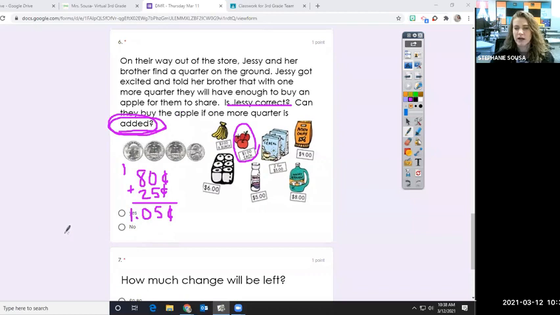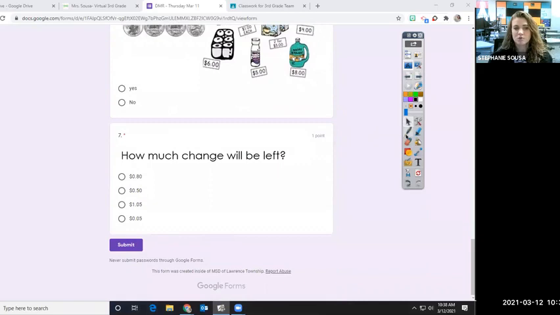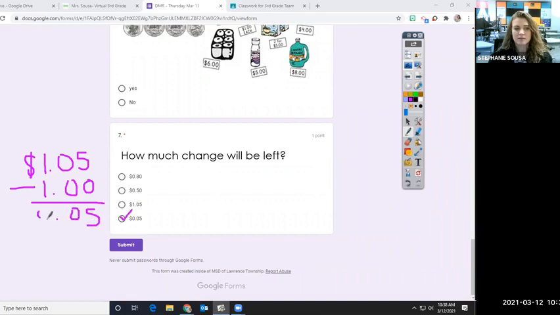So they will have $1.05. So can they buy an apple? Yes, they can. The next question goes along with it. How much change will be left over? Well, if they will have $1.05 and they buy an apple that costs $1, they will have 5 cents left. 0 dimes, $0, 5 cents.